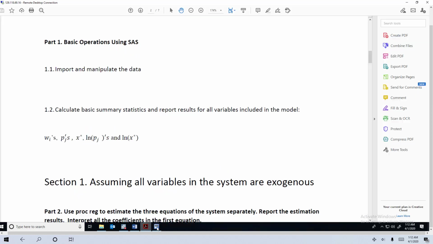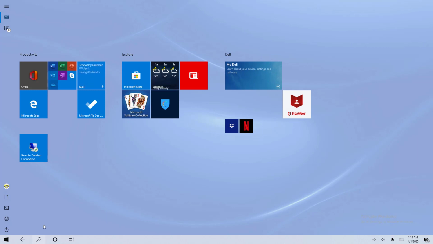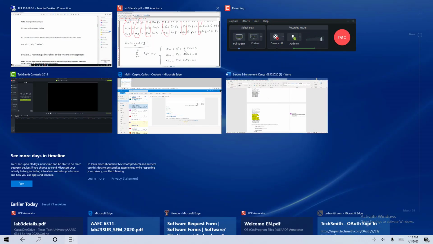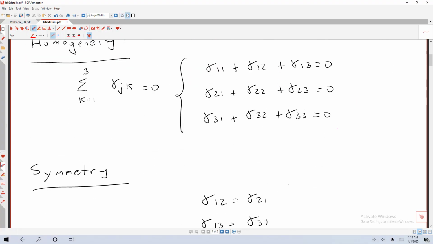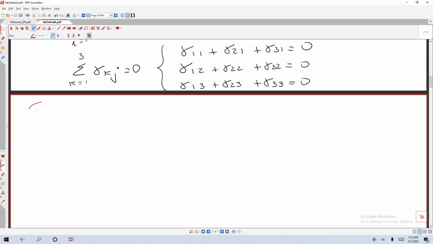Let me make some note here. Since I'm using my desktop, maybe I should try to make a note here. So this is what I'm using, and I'm using my finger. Stone Price Index.